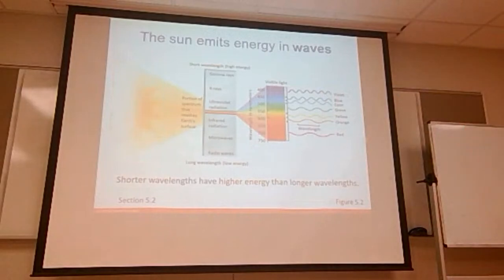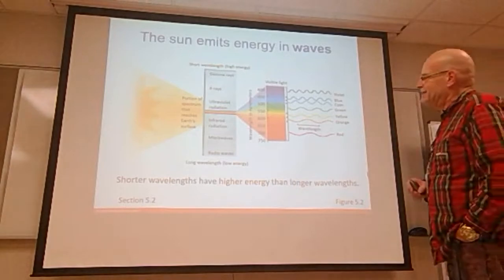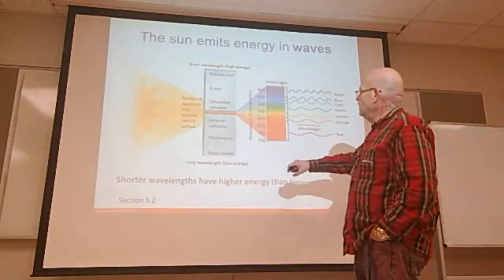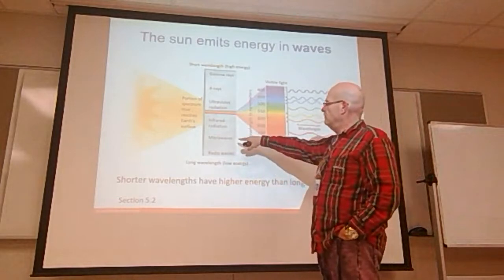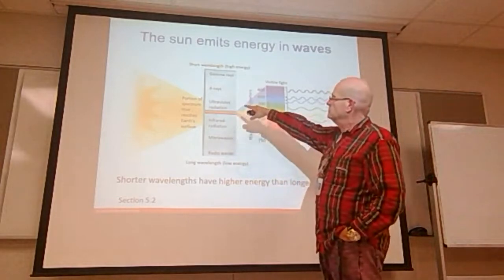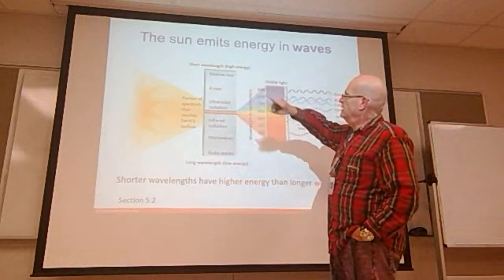The sun emits energy in what are called waves. Among the different types of light, you have these very short wavelength radio waves, and then you have microwaves and infrared and ultraviolet and X-rays and gamma rays.